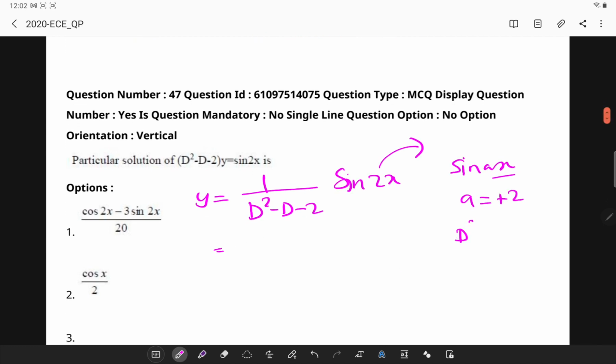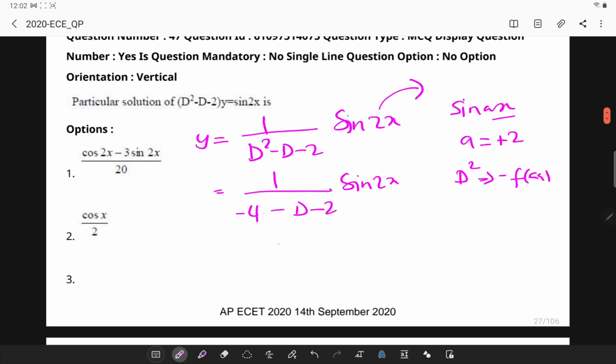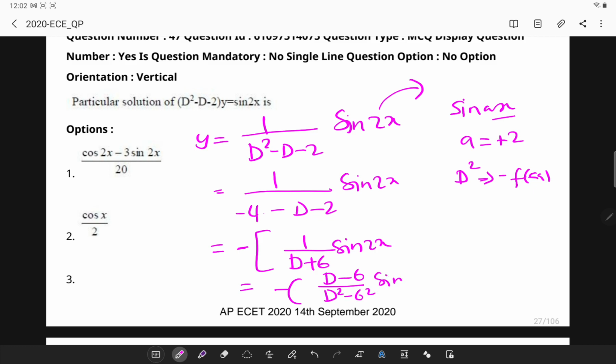In d square I can directly substitute f of minus a squared, therefore I will be left with 1 by minus 4 minus d minus 2 into sin 2x. This I can take minus common, so I will write 1 by d plus 6 into sin 2x. If I do a rationalization, I will be left with d minus 6 by d square minus 6 square into sin 2x.